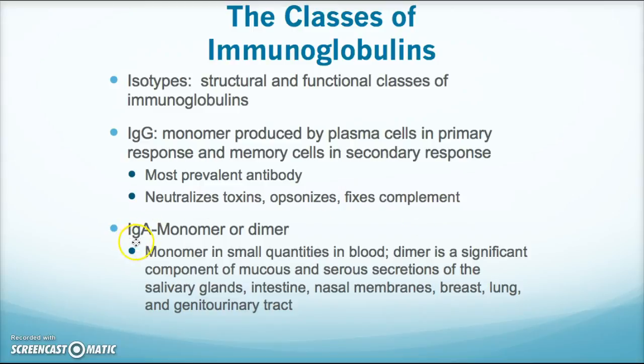The next one would be IgA, and these are the monomers or dimers, meaning a single antibody or two together. The monomer we see in small quantities in the blood, and the dimer we see in mucus and serous secretions of different parts of our body.